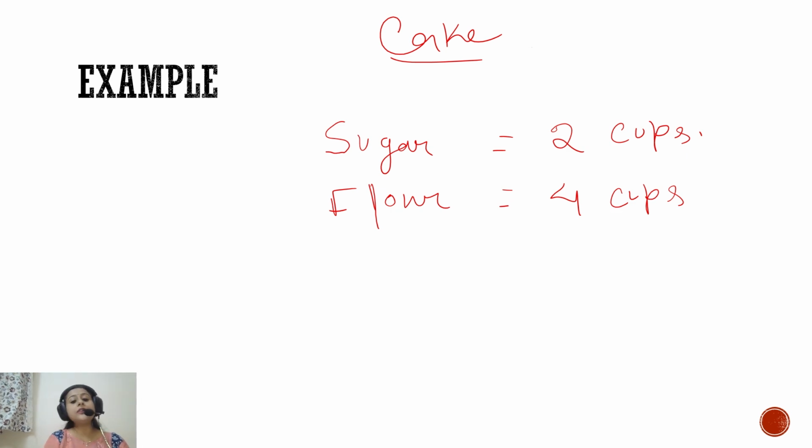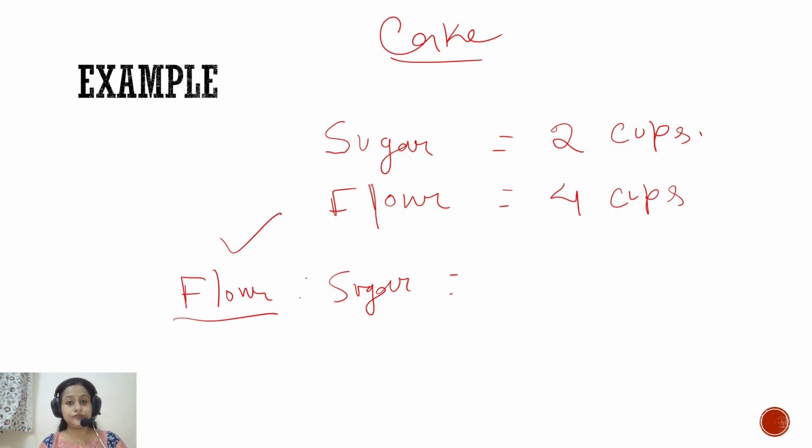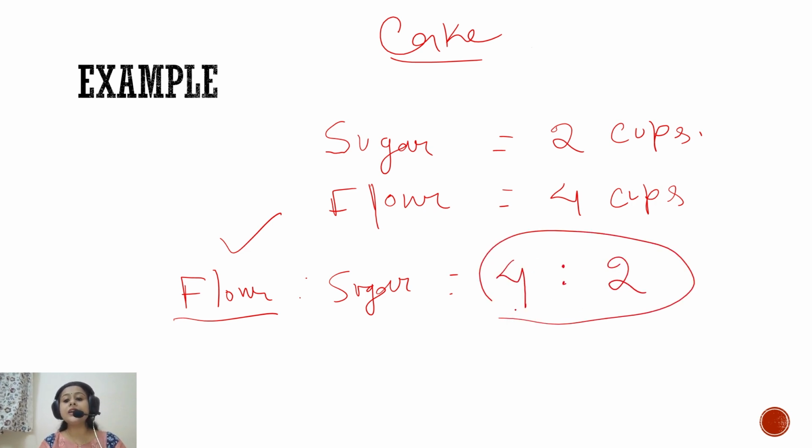So what will be my ratio if someone wants to know? Suppose you are providing someone with a recipe for making your cake, and someone wants to know what is the ratio of flour to sugar. Then your ratio will be, since I have written flour first, so this is my first term, which is antecedent, 4:2.